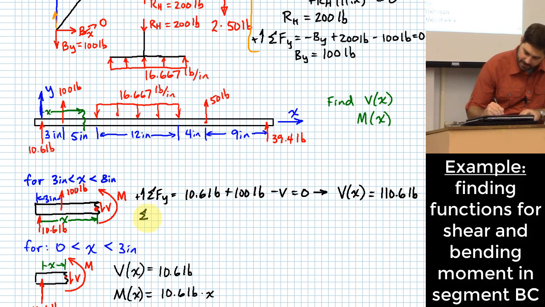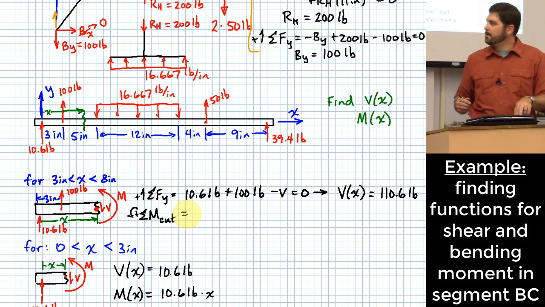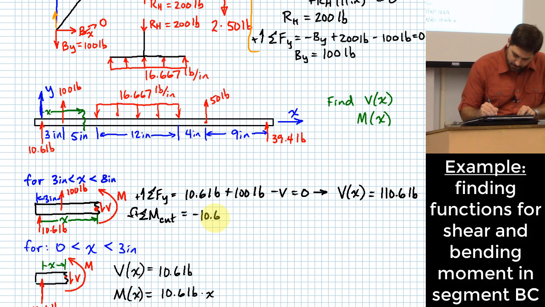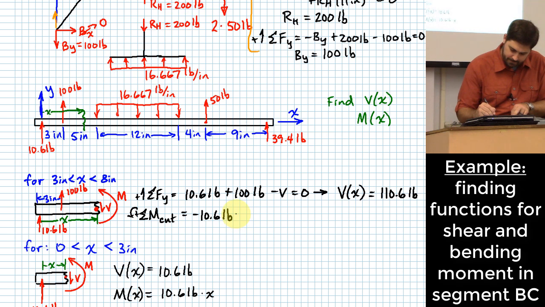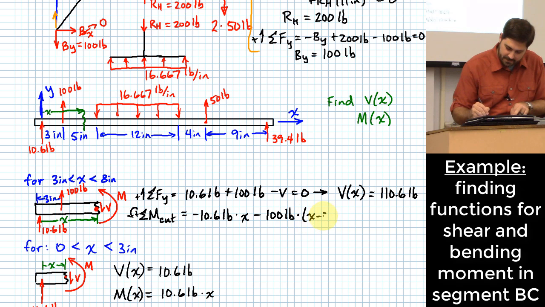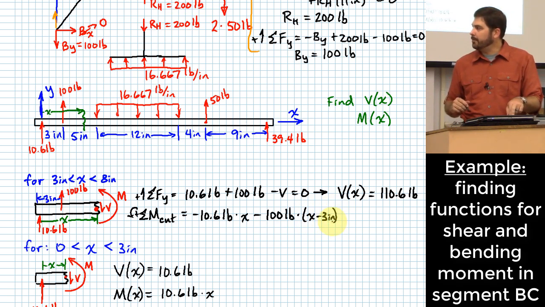Now what if I sum moments here about the cut? Right? I would have minus 10.6 pounds times what? Times X, minus 100 pounds times what? Okay, X minus 3 inches. Then what?